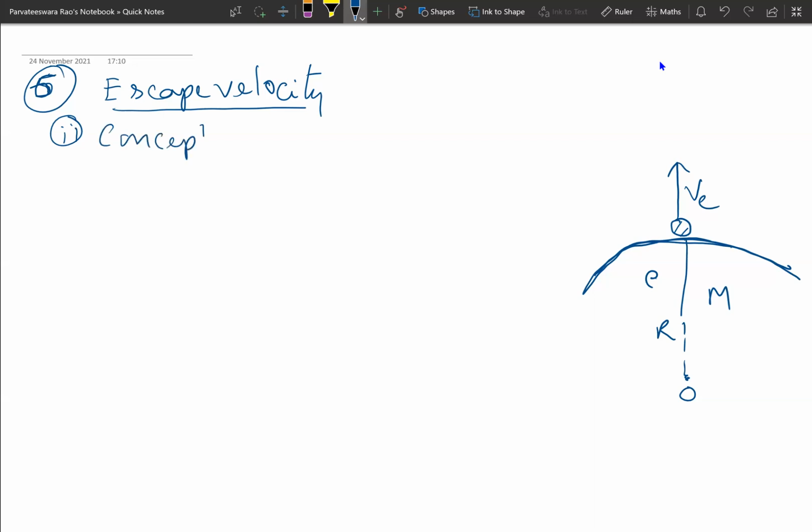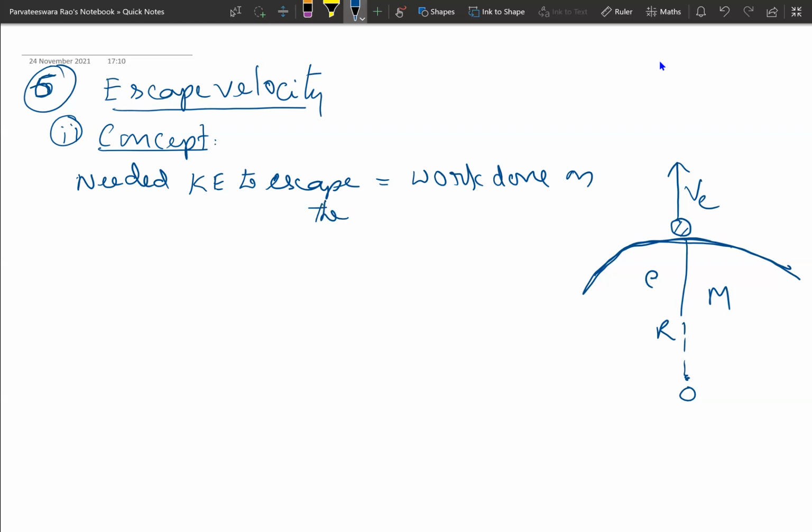So the concept here is the needed kinetic energy to escape is equal to work done on the body against the Earth's gravitational pull.